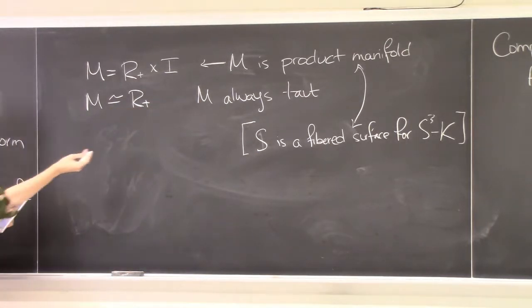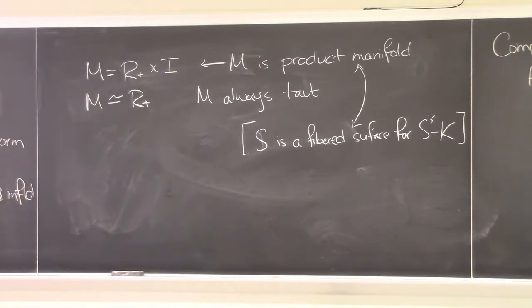But this is pretty restrictive. So this is a case where we know that we're taut, but in general, we're not going to be encountering product manifolds.